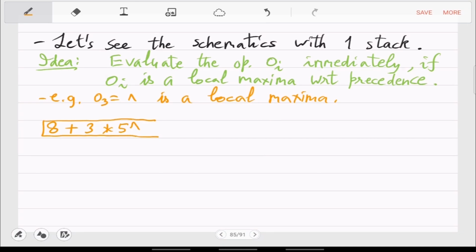So this 5 wedge 2 you will calculate immediately, and replace this by 25. Is that clear? Yes.